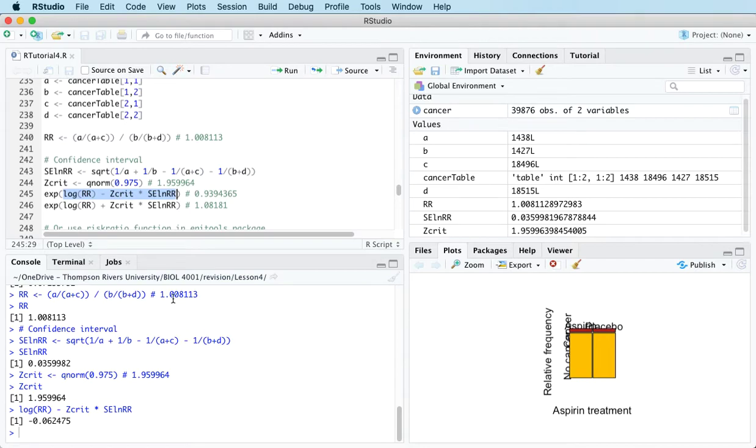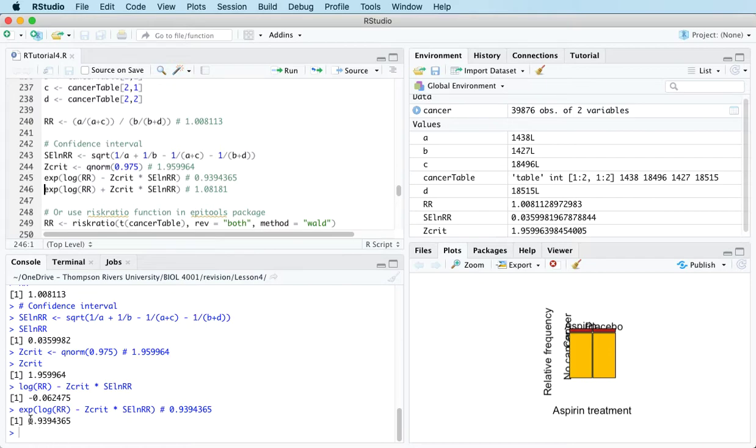That's this number here. If we exponentiate that number, we get the lower bound for the confidence interval for the relative risk. That comes to 0.9394365. If I round that off to 2 decimal places, we get 0.94.